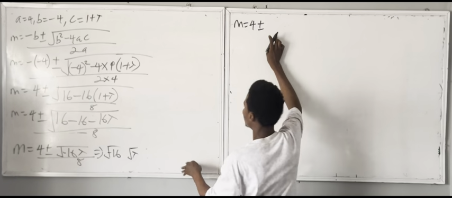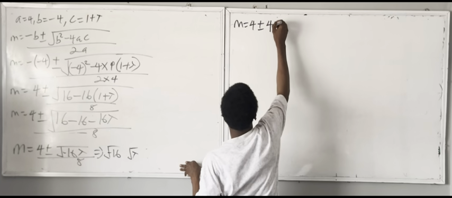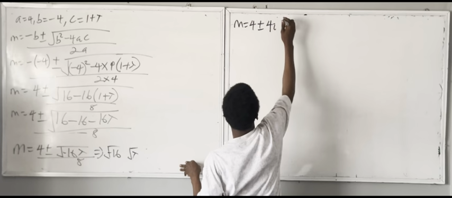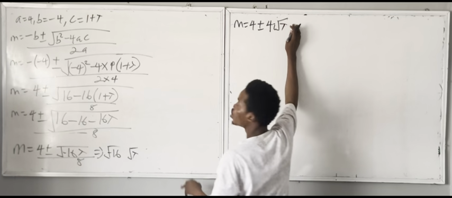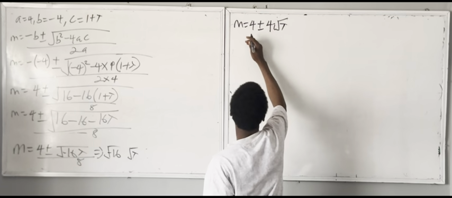Square root of minus 16 lambda, I'm going to have 4i root lambda, because we don't know what root lambda is.